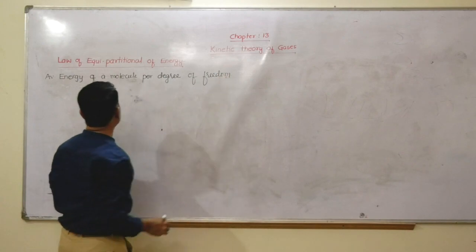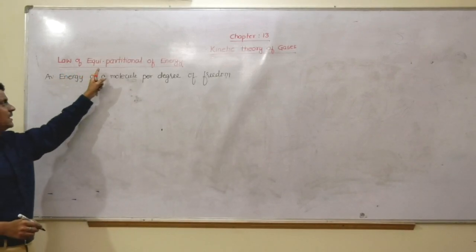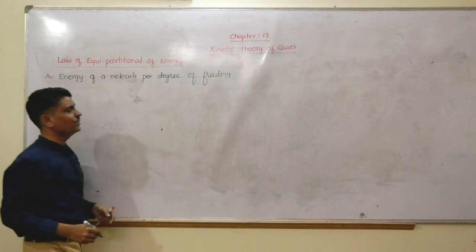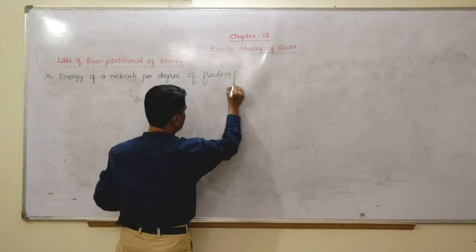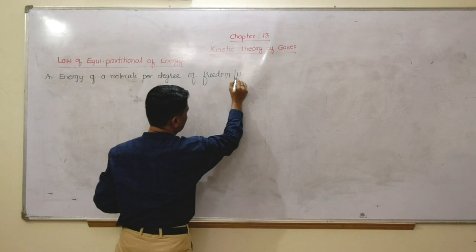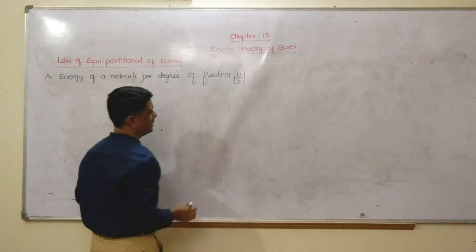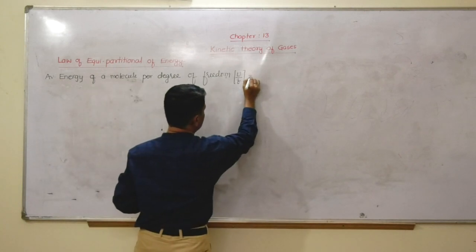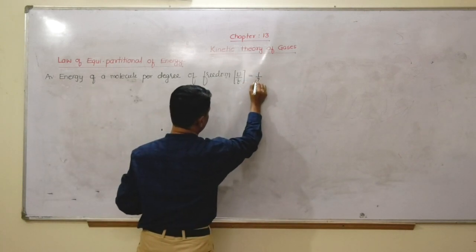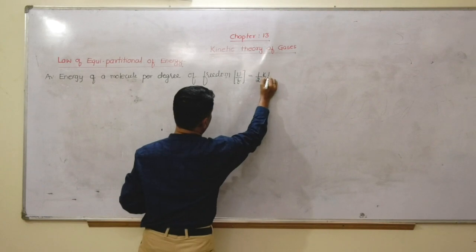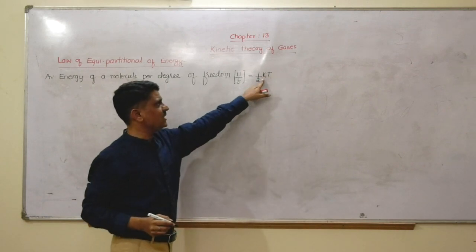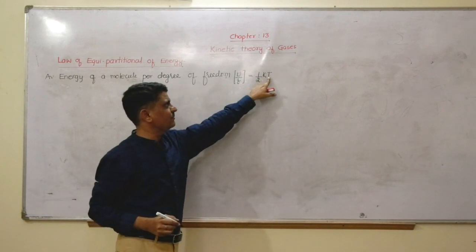According to this law of equipartition of energy, it says energy of a molecule per degree of freedom. Say energy of a molecule I'll represent by U. Degree of freedom is F. That is U by F is equal to half KT, where K is Boltzmann's constant, T is the temperature.